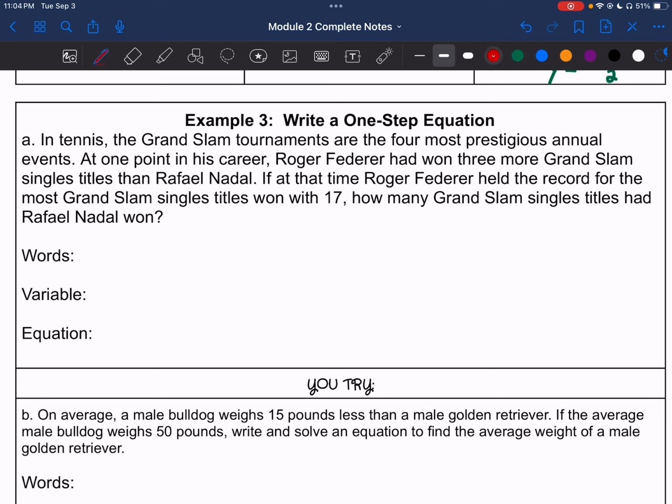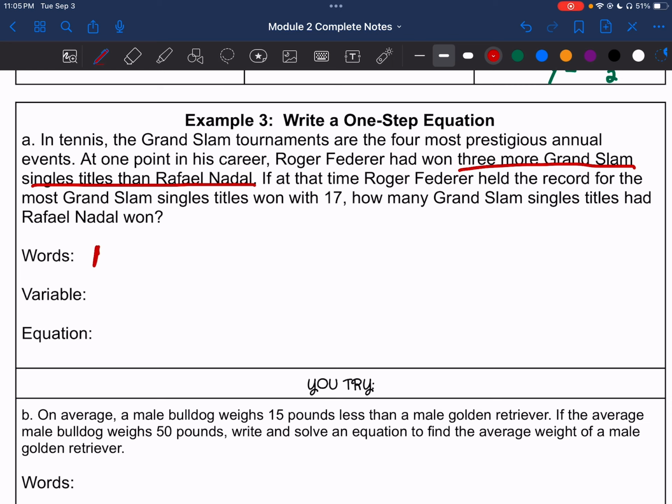So let's start by putting this into words. We were told that Federer has won 3 more Grand Slam singles titles than Nadal.